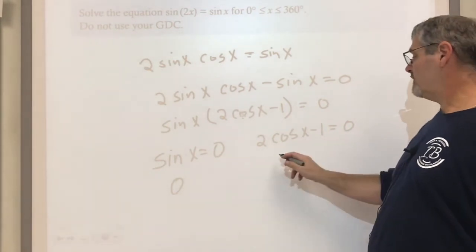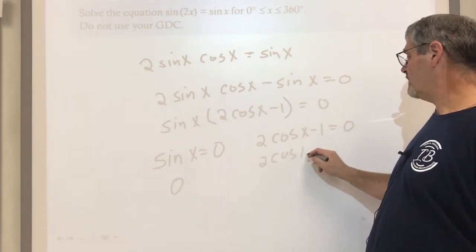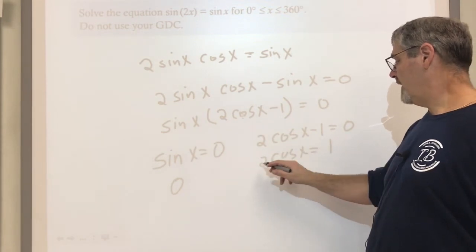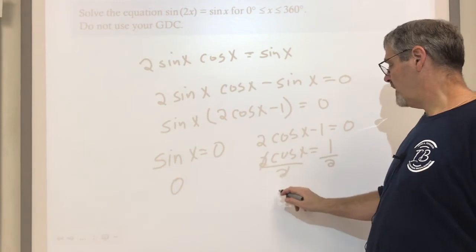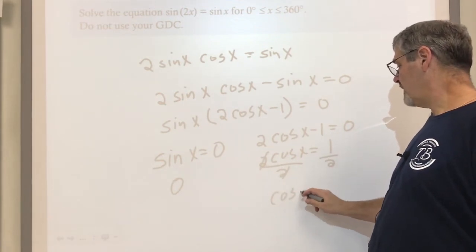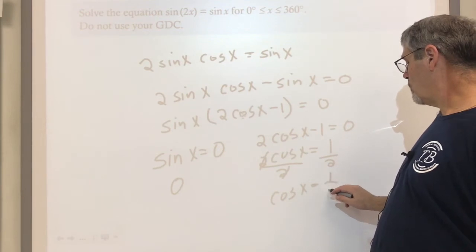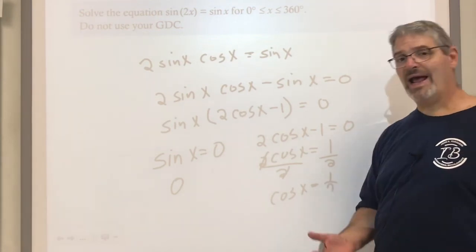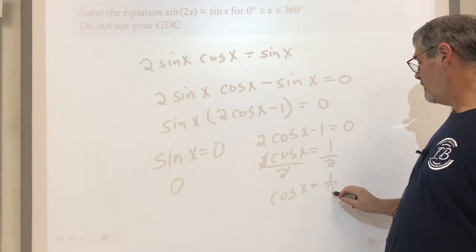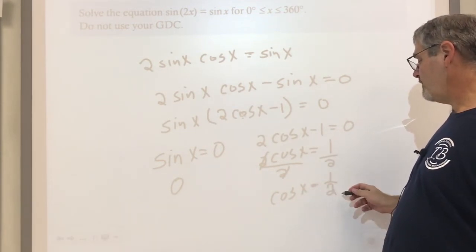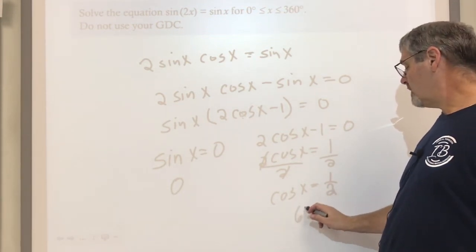So I solve this, and I get 2 cosine x is equal to 1, and I divide both sides by 2, and I get cosine of x is equal to 1/2. Now, what angle gives me a cosine of 1/2? That would be 60 degrees.